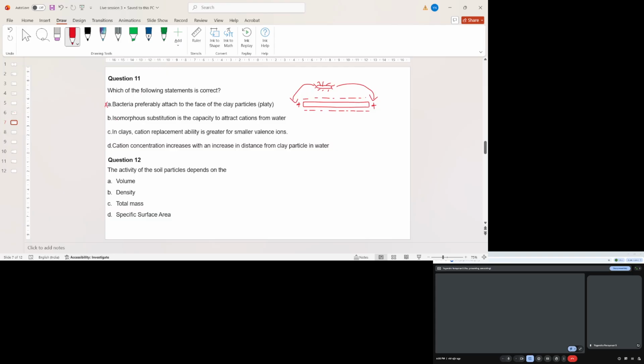Coming to the next option, isomorphous substitution is the capacity to attract cations from water. First we should understand what isomorphous substitution is. It is the ability for a cation to replace another cation of similar size and charge.